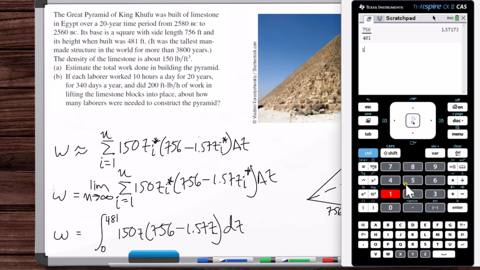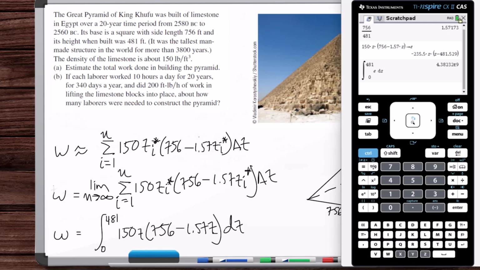Okay, now let's just use our calculator to get this definite integral. So we've got 150 times z times 756 minus 1.57 times z. Store that as the equation E. Now we want to take the definite integral from 0 to 481 of the equation E with respect to z.